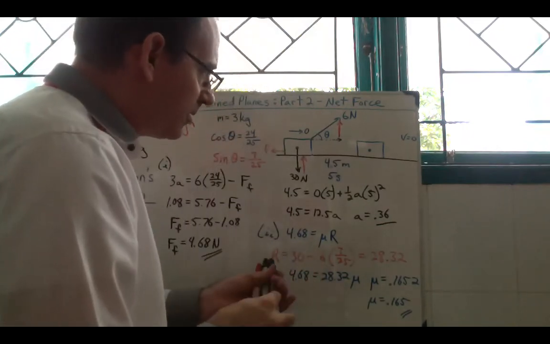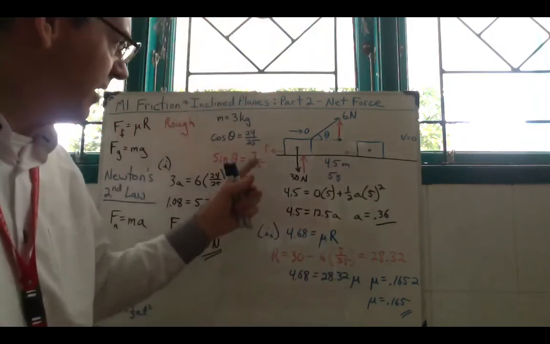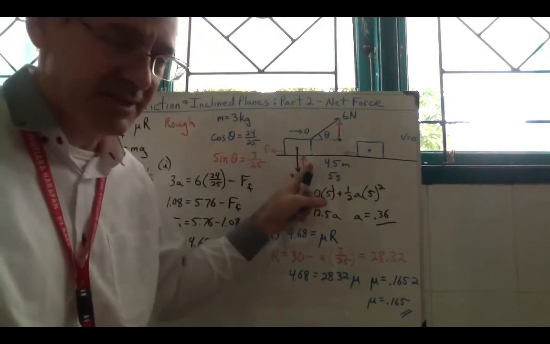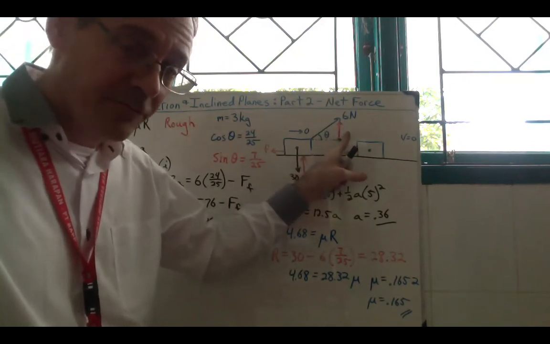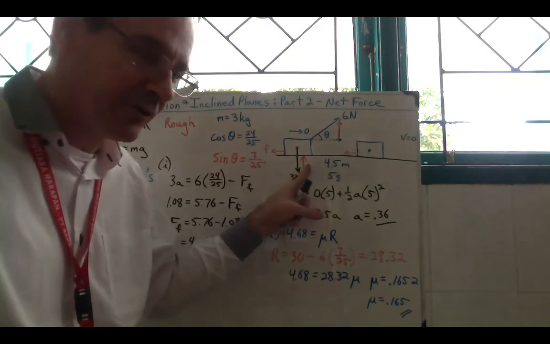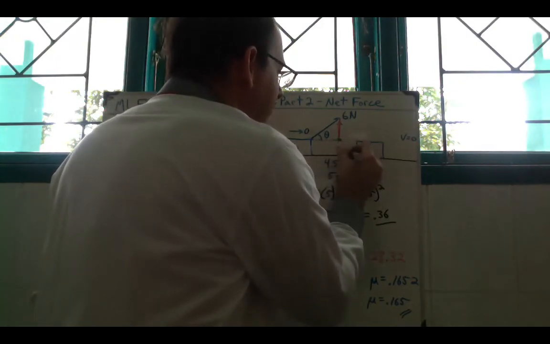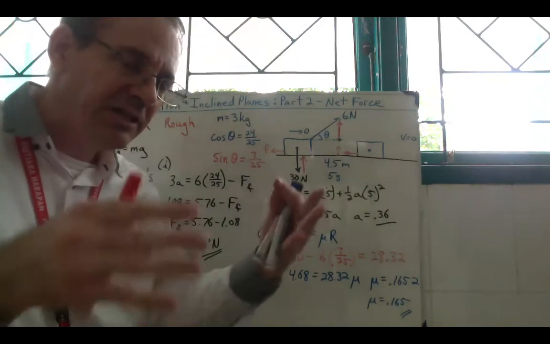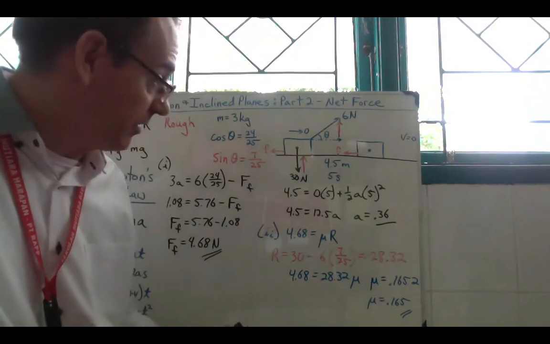And there is still friction acting, but our friction is now different because the normal contact force is now different. We've removed this vertical part here, so that's going to change the normal contact force, which is going to change the friction. So every time you have a change in your system, you need to follow it all the way through to see how it affects everything else.